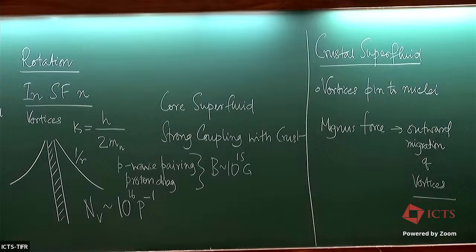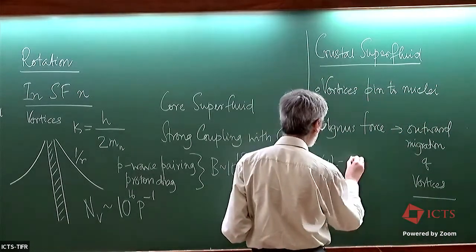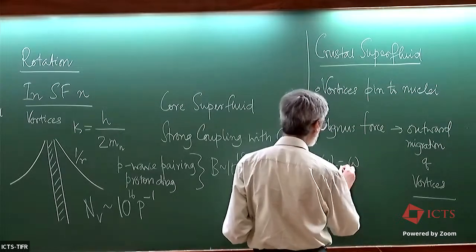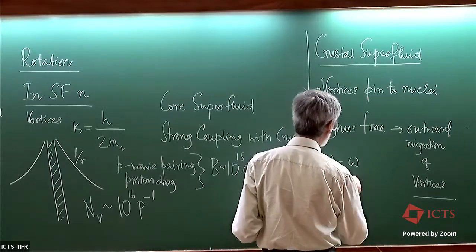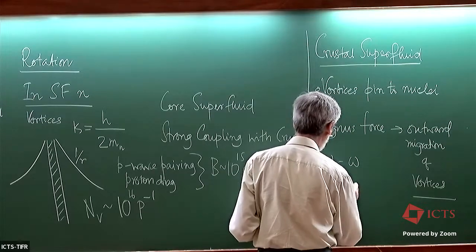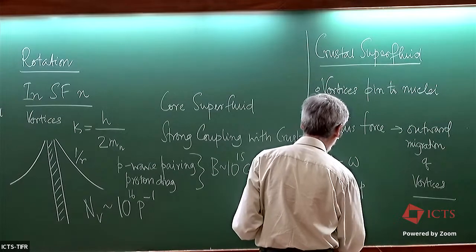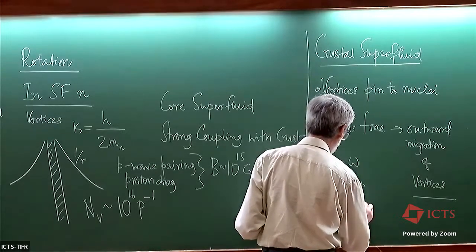So omega minus omega_s, the difference between the crust and the superfluid, is going to build up until unpinning.